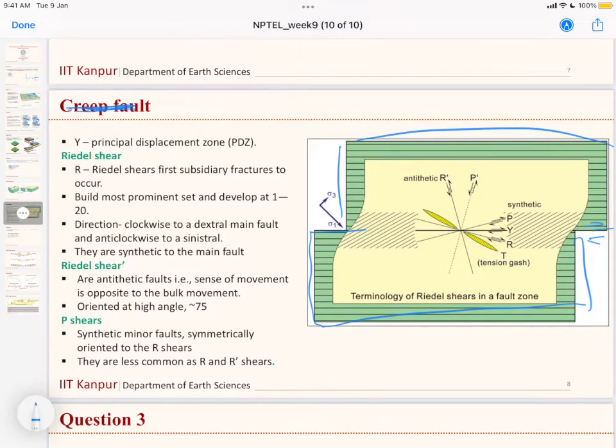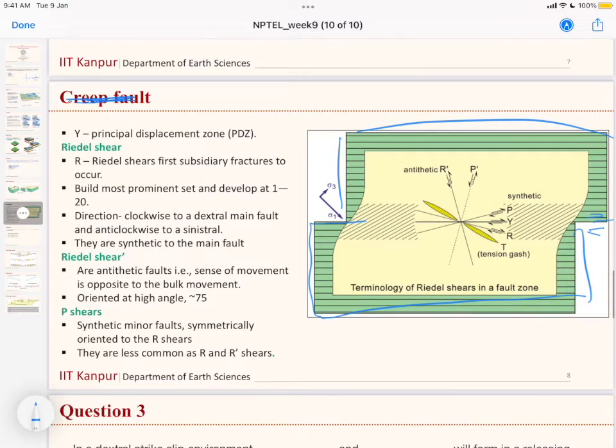Since it's a strike slip fault, we can mark whether it is dextral or sinistral. Based on its movement, it would be a dextral strike slip fault, right? Forget about this yellow figure, just focus on these green blocks that we have. Whether it's dextral or sinistral, can anybody say? Yeah, it's dextral. Okay.